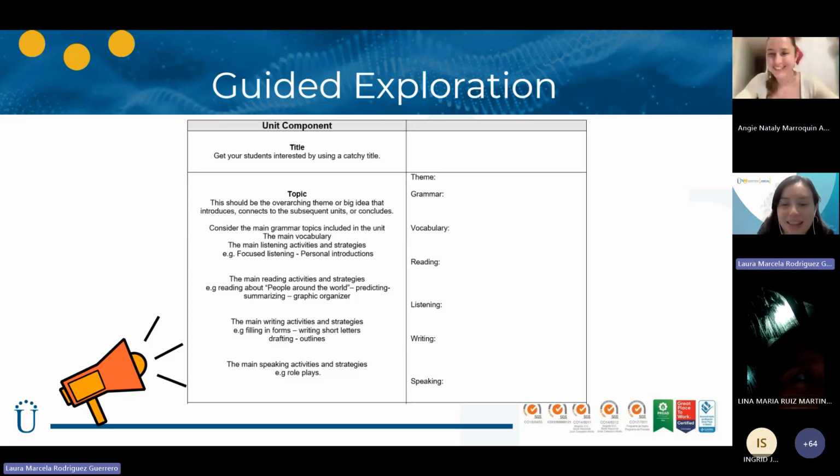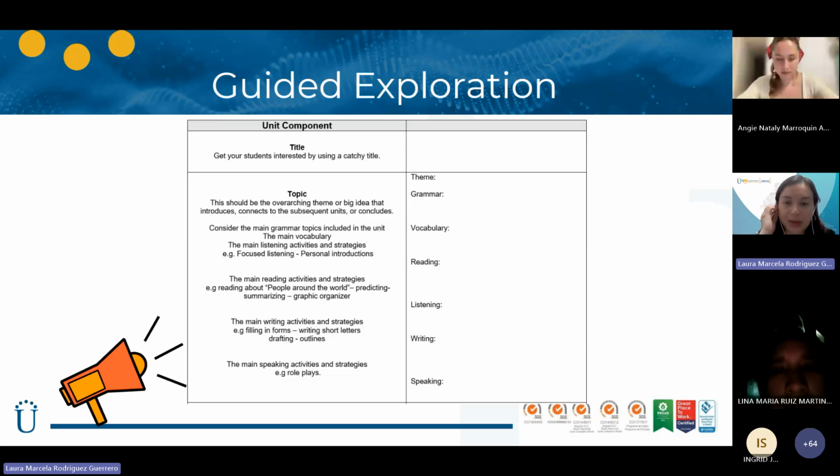Okay, so the first part is the title of the unit. The tip that we gave you here is to try to be really creative with this title so it will be catchy for the students. Then you're going to continue with the theme or the topic, and it should be an overreaching theme or a big idea that introduces, connects to the subsequent units or includes.